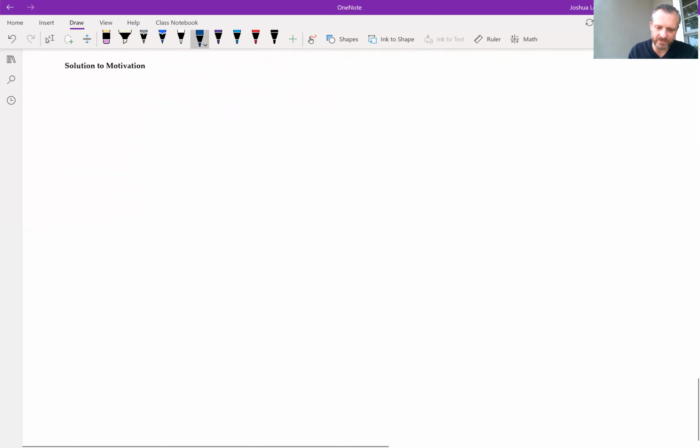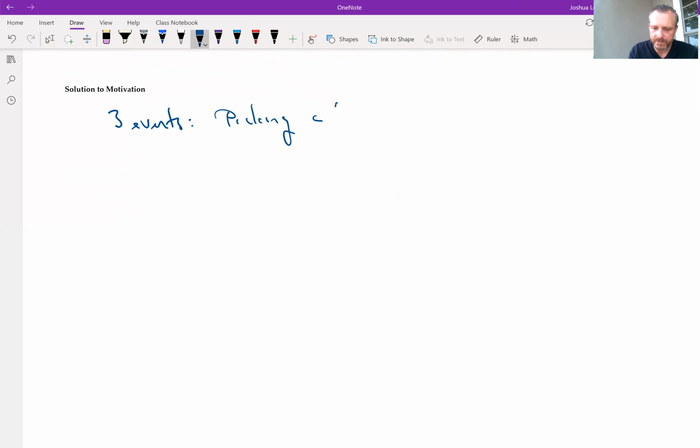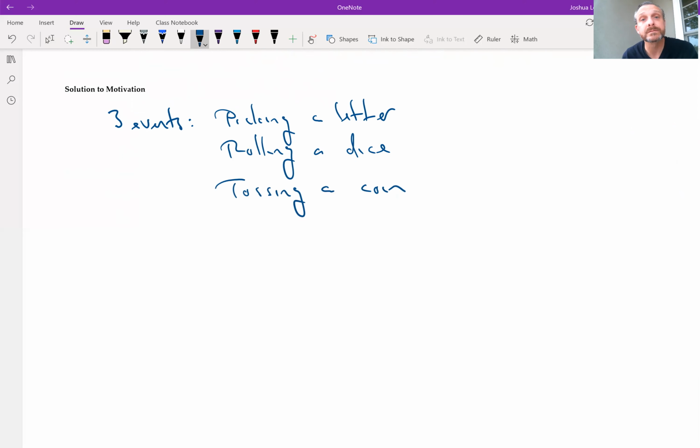So let's go back to our motivation problem, right? It looks to me like there are 3 events: picking a letter, rolling a dice, and tossing a coin.